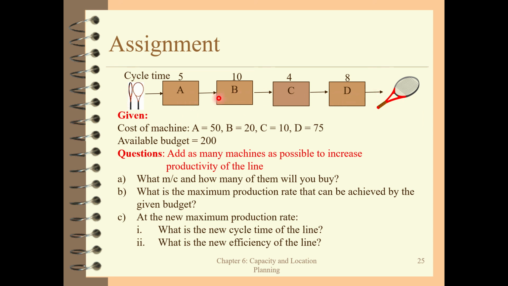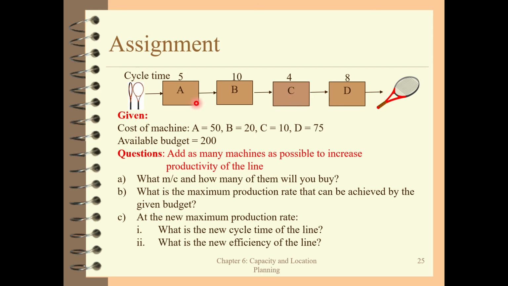This is the current system. You got 200 baht available to buy a new machine. So how many machines can you buy and what kind of machine can you buy?